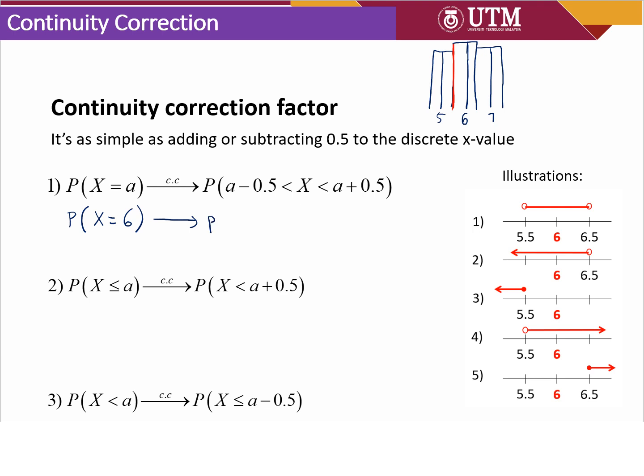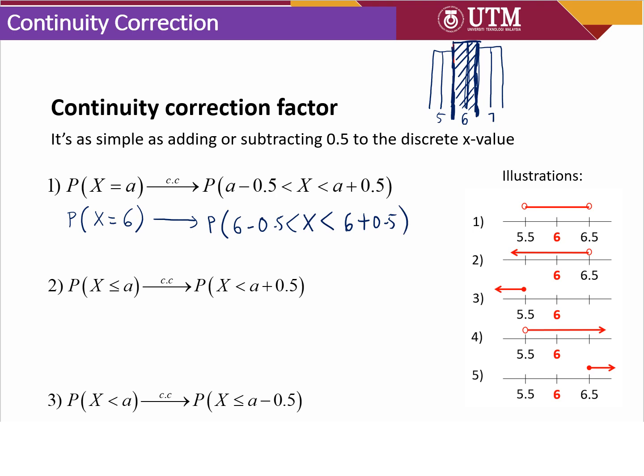So the interval would be from 6 minus 0.5 for the lower boundary, and for the upper boundary it will be 6 plus 0.5.